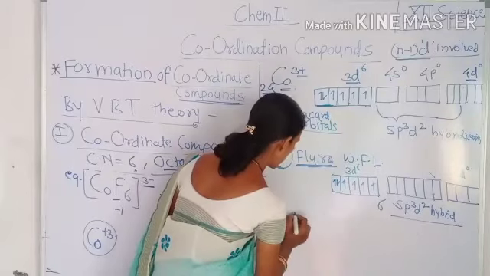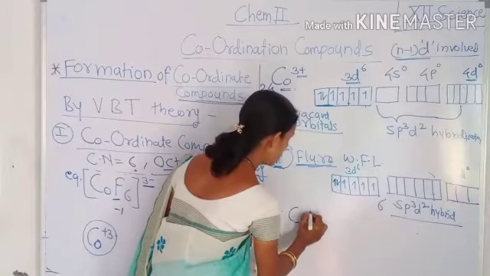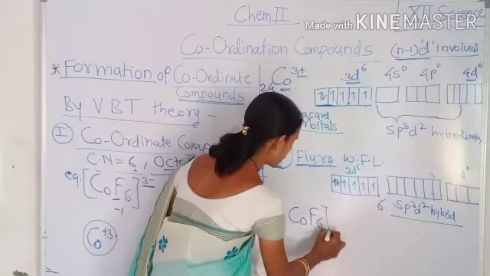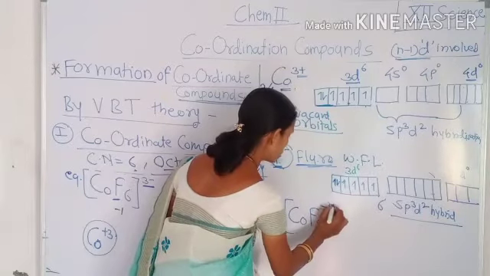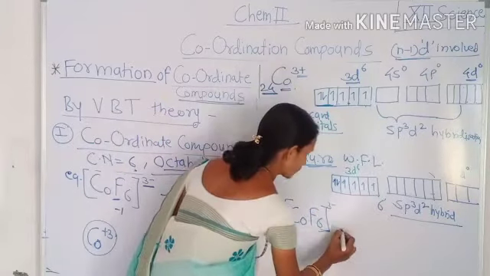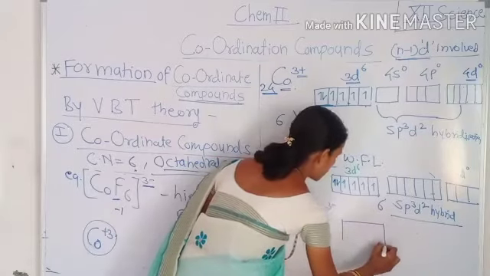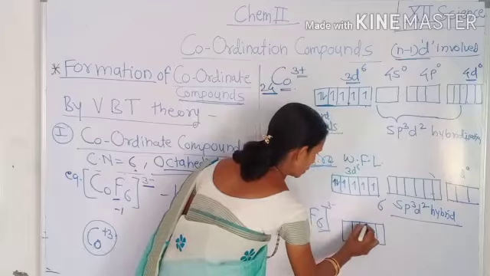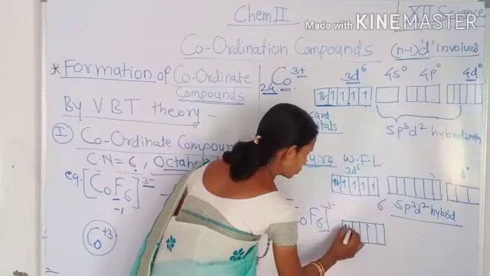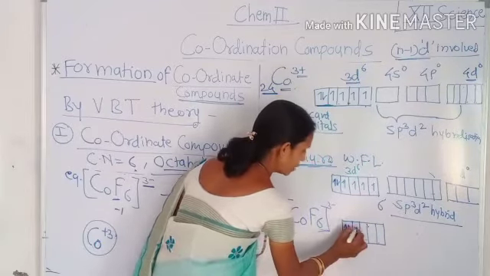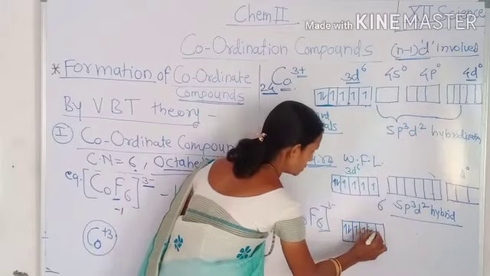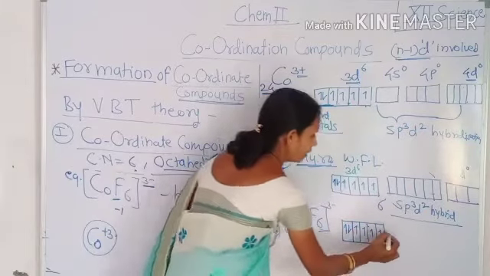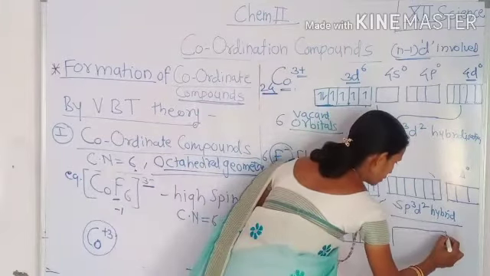Therefore, the complex formed here is CoF6 3-, in which one 3d orbital is paired while 4 orbitals are unpaired.